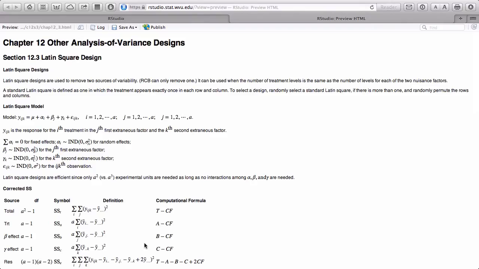If I have 4 rows and 4 columns, I need to have 4 levels of the treatment. So suppose you have 4 varieties of corn. I'm going to randomly assign the 4 varieties of corn such that each variety appears exactly once in each row and each column.